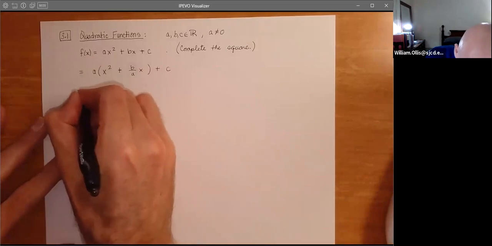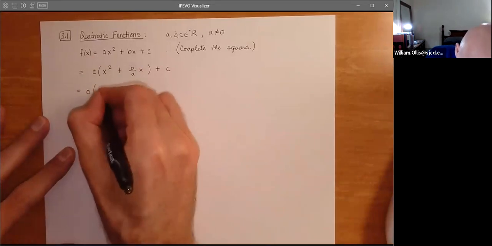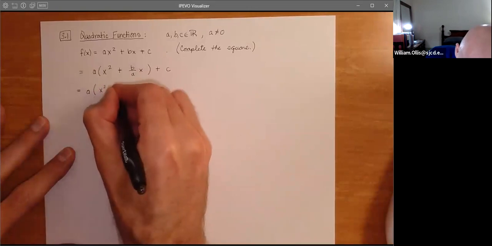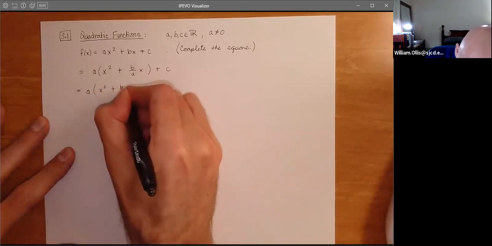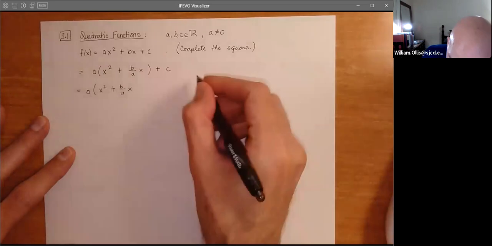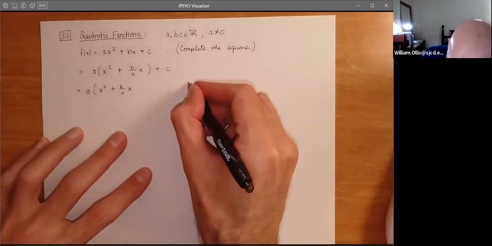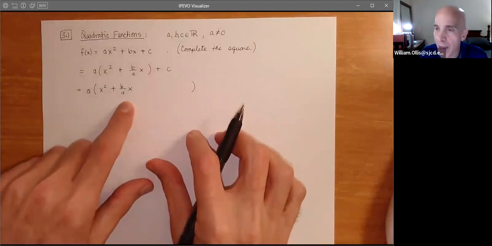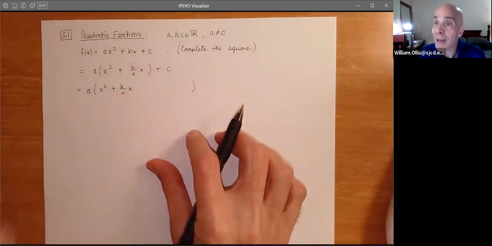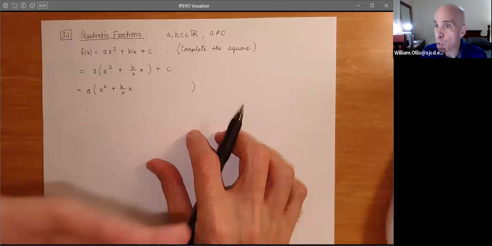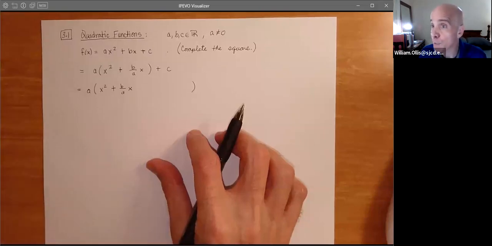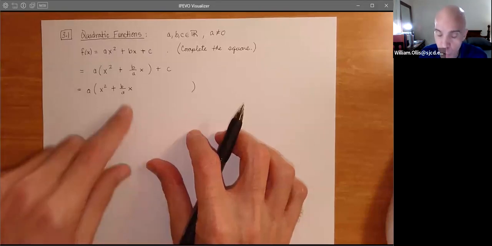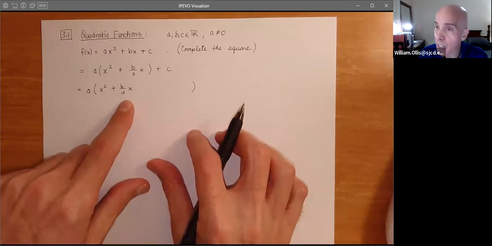So now we're going to write what we have, b over ax. What we're interested in doing is adding a constant term here that will complete the square, that will make a perfect square. Like when we say a plus b quantity squared is a squared plus 2ab plus b squared, that's a perfect square with the binomial theorem. So what we want to do is see if we can accomplish that.